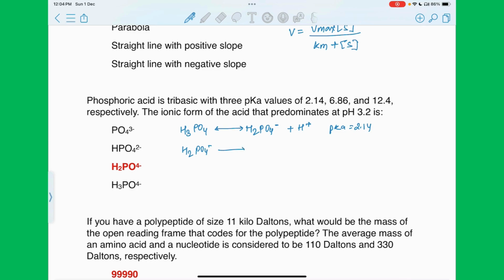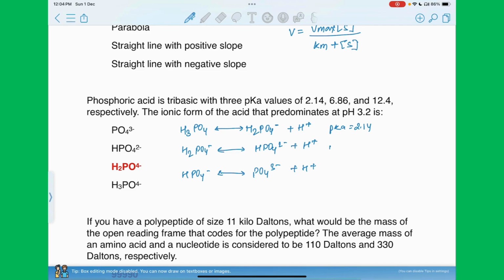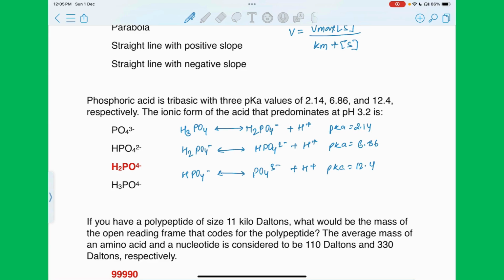Then it gets further converted, the pK for the second equation is 6.86 and for the third one is 12.4.